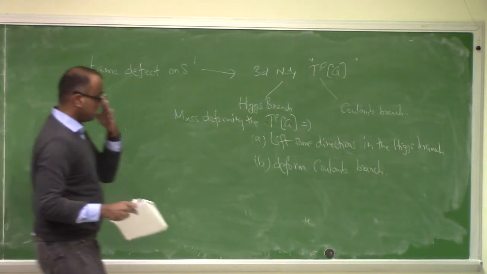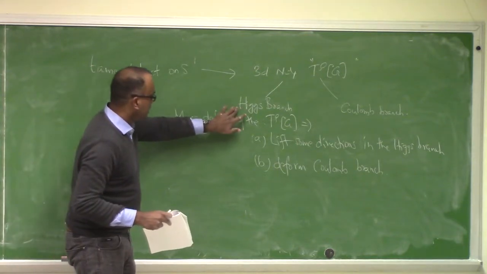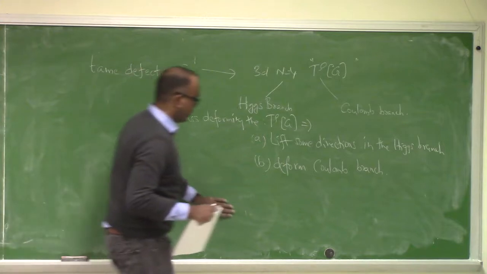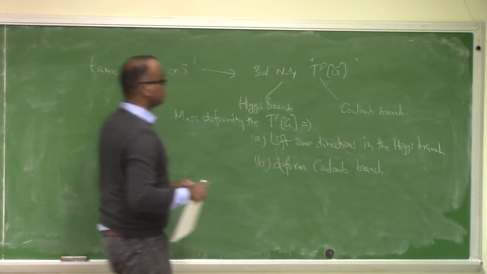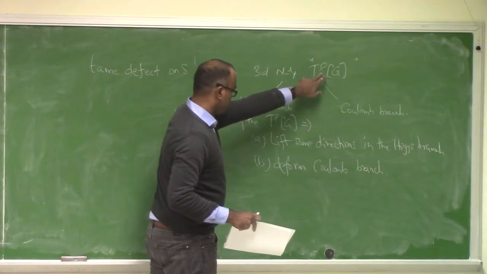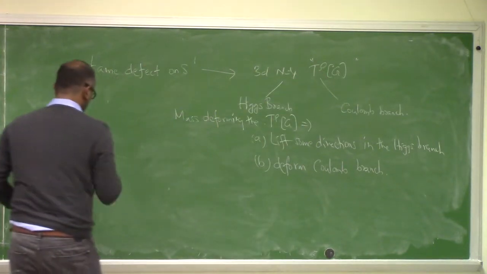Now, it's a fact that I will just tell you, take my word for it, that the Higgs branches of these theories are certain spaces that arise as slices to nilpotent orbits. So let me tell you how they arise. There's a label rho here, which I introduced, but I haven't told you what it is.